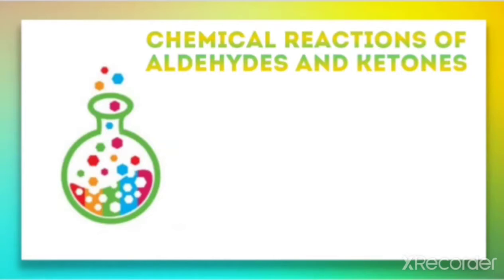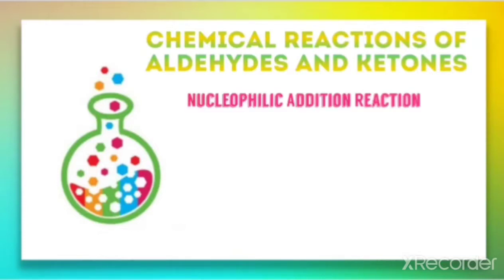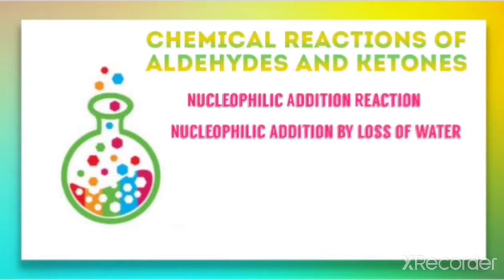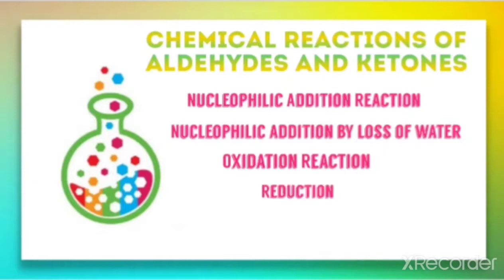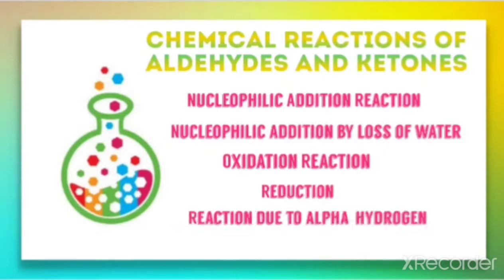Now, according to the syllabus, the chemical reactions of aldehyde and ketones which we need to discuss are: first, nucleophilic addition reaction; second, nucleophilic addition by loss of water, which can also be called nucleophilic addition elimination reactions; oxidation reaction; reduction reaction; the reaction due to alpha hydrogen; and some other reactions.